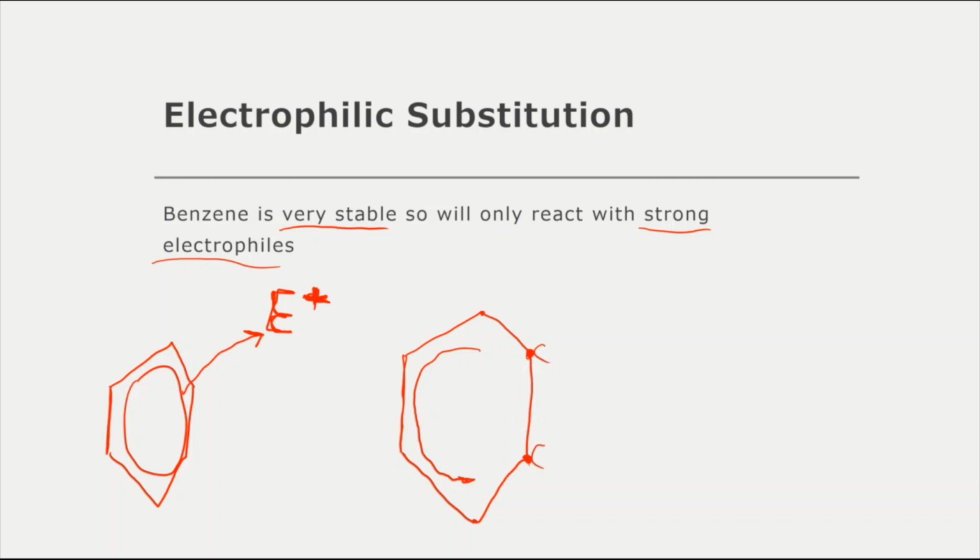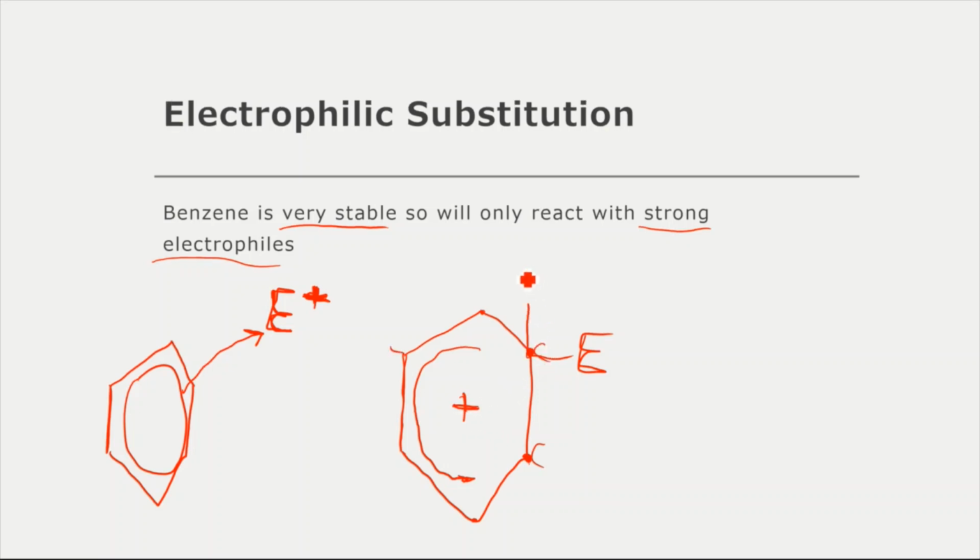This bit would not have a ring because I've used the delocalized electrons from this side, and because we bonded to a positive electrophile, we've got a plus in the middle. For the next step, I'm just going to draw a bond from the carbon going to a hydrogen. Just remember that we do have a hydrogen bonded to all of these.